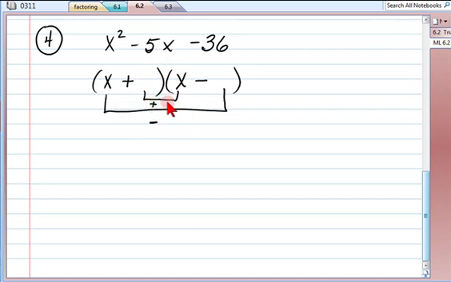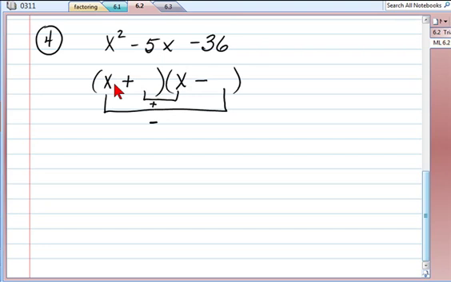When I add a positive and a negative, what do I end up doing? You end up subtracting. So when the two signs are different, you're going to be looking for a difference that is 5. Not a sum, but a difference. When the signs are different, looking for a difference.